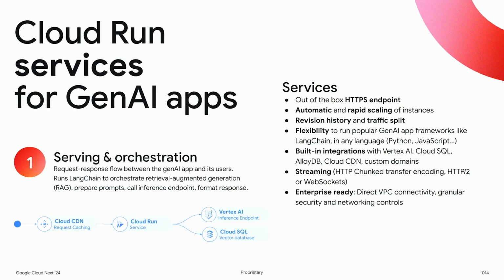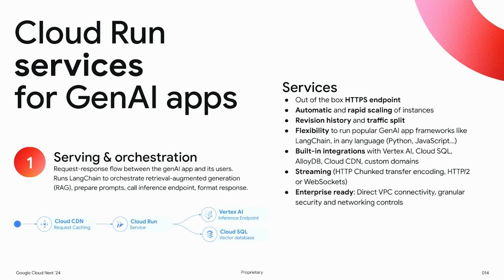Cloud Run has built-in integrations to give you all you need to easily set up your GenAI app. For example, Vertex AI integration, Cloud SQL integration, custom domains. Harrison talked about it, but Cloud Run supports out-of-the-box response streaming. So you can use things like HTTP chunk transfer encoding, HTTP2, or even WebSockets to stream your LLM's response back to the end user as it is being generated.